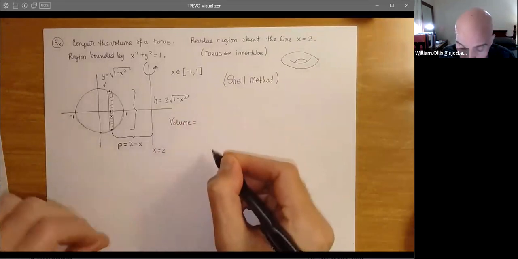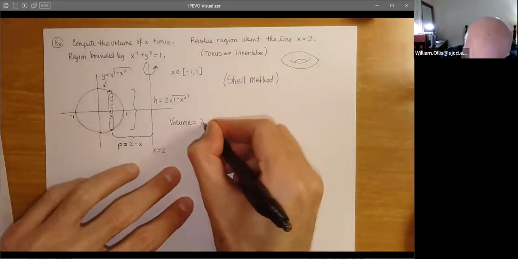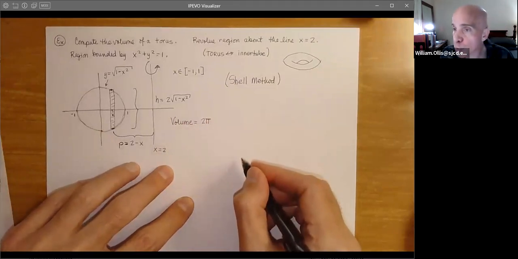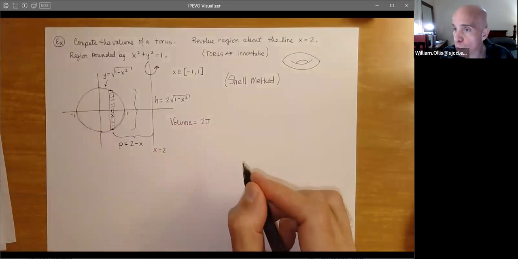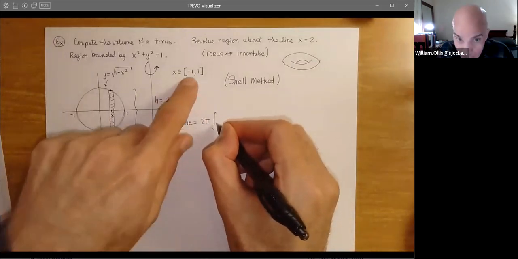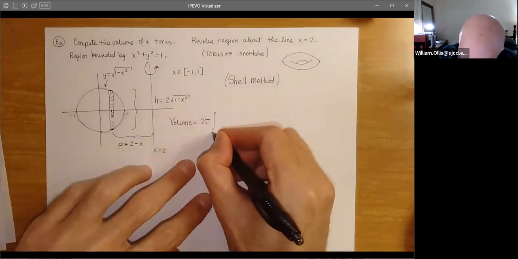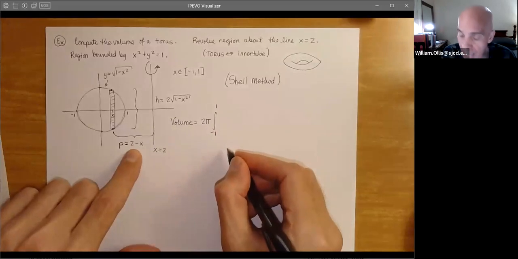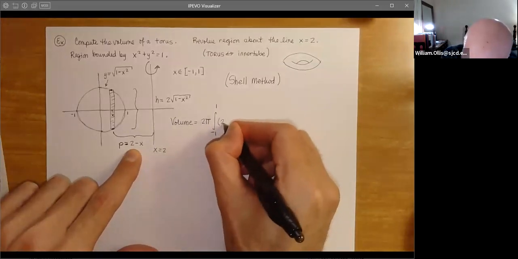In this case the volume will equal, now, remember our friend 2 pi, and I'm not using any additional symmetry here because I've covered the entire circle, so we don't have to worry about that. But then we have the integral from -1 to 1. And then we have the distance to the axis of revolution.